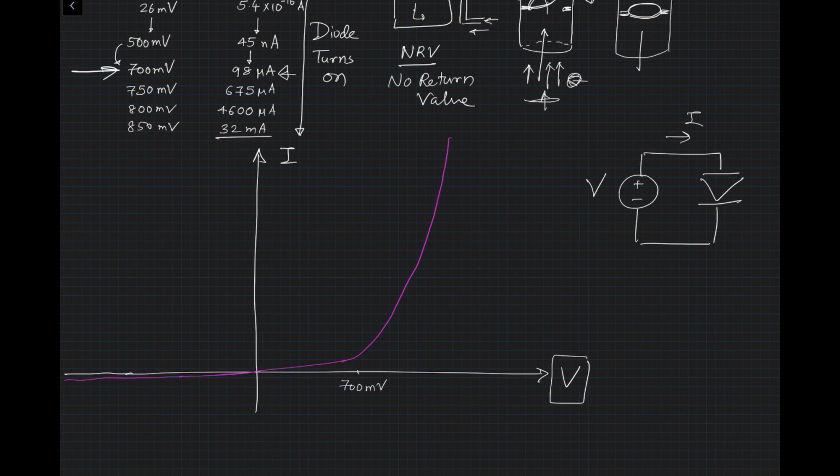Okay, and this would be our forward bias condition, and this would be the reverse bias. Here the assumption is that I can apply a reverse bias to the diode as much as I can on the left side. So for example, I will not make notations here, just to show you.